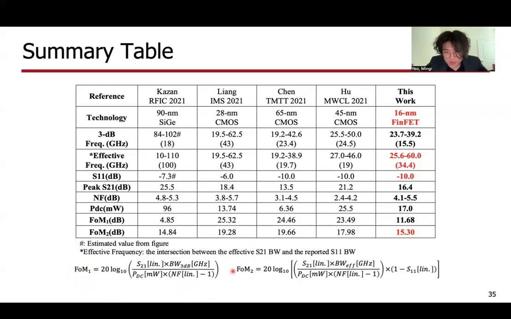The second figure-of-merit equation considers the gain, effective bandwidth, power consumption, and noise figure, and we've introduced an input matching term, 1 minus S11, to penalize the recent prevalence of designs that neglected the quality of the input matching to obtain LNAs with bigger bandwidth and higher gains. Using the second equation, we were able to obtain very competitive state-of-the-art performance.